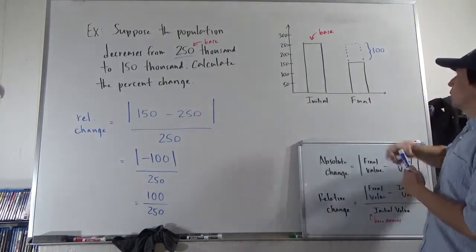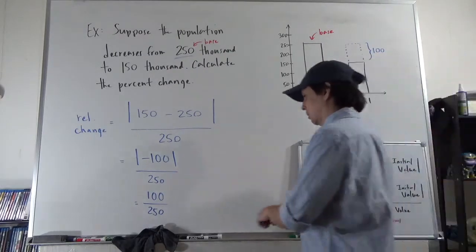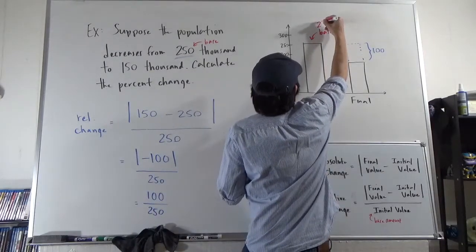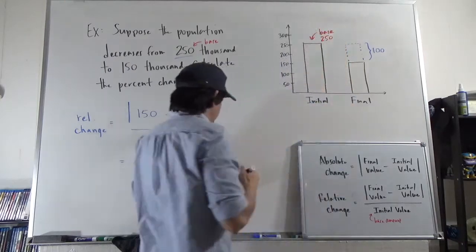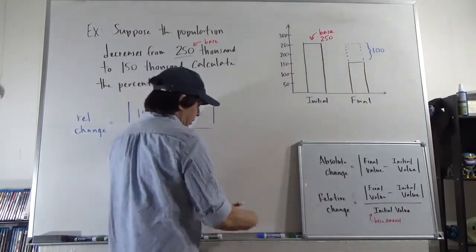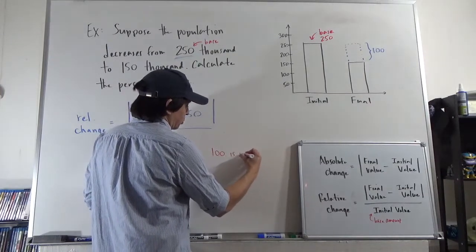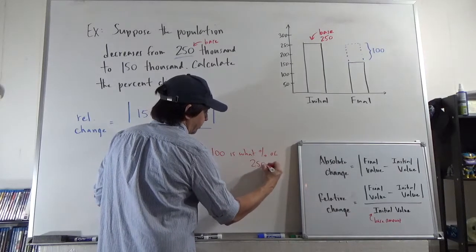And then you wanted to figure out 100 is what percent of your base, which is 250. So if you did it the old school style, you'd be doing 100 is what percent of 250.